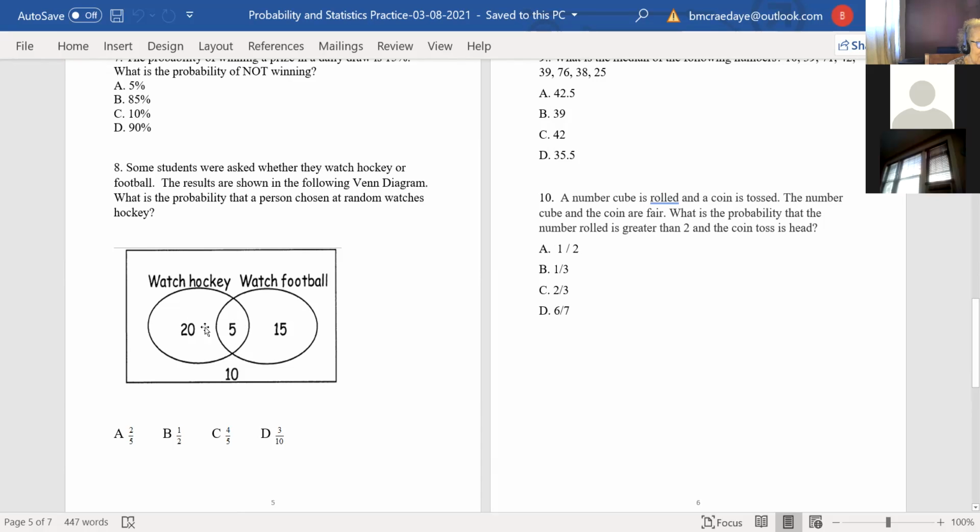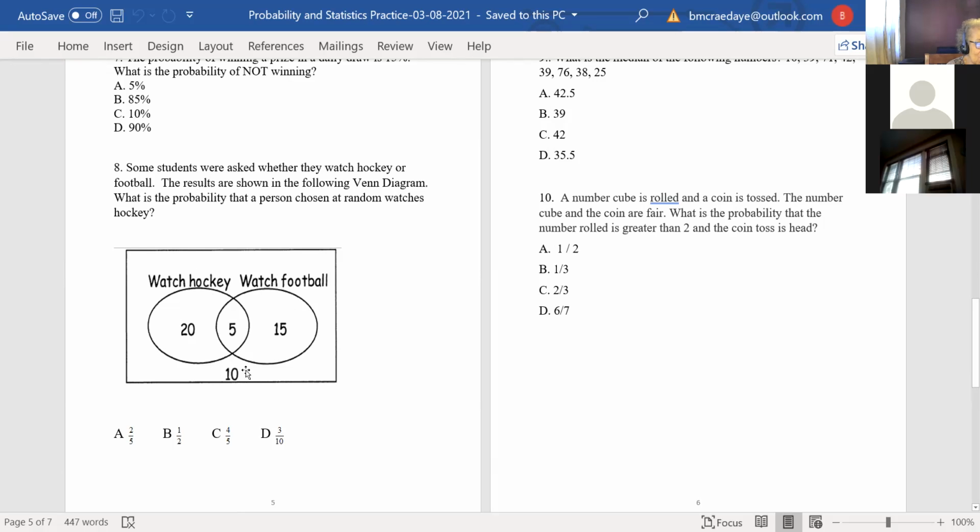Okay. 20 watch hockey, 15 watch football. What does this 5 represent? This intersect right here. That's the ones that watch both sports. They watch hockey and they watch football.